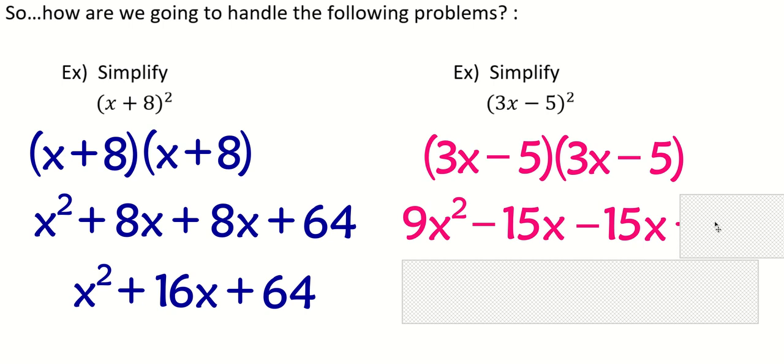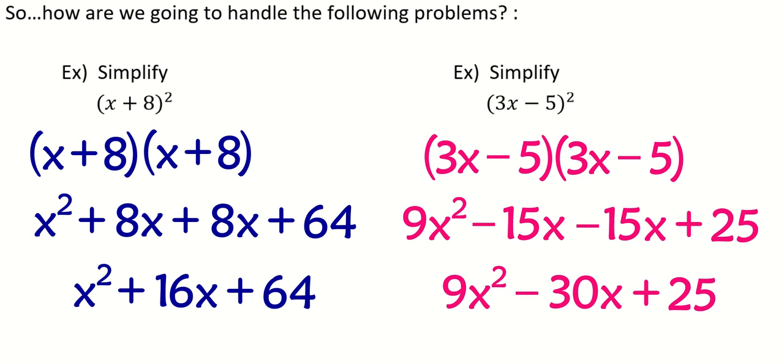Another minus, hey, I'm picking up on a pattern here. Minus 15x again, and then negative 5 times negative 5 is positive 25. And then these combine to be what? What's negative 15x minus 15x? Well, it's minus 30x, of course.